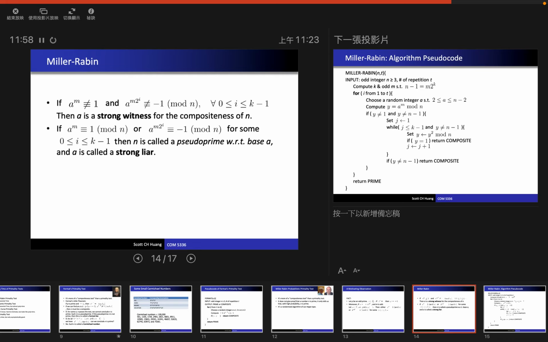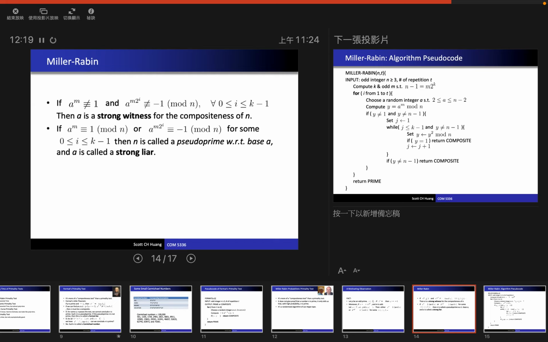Okay, so altogether these two conditions mean a to the m is something else, and then this minus 1 does not appear here. What does that mean?